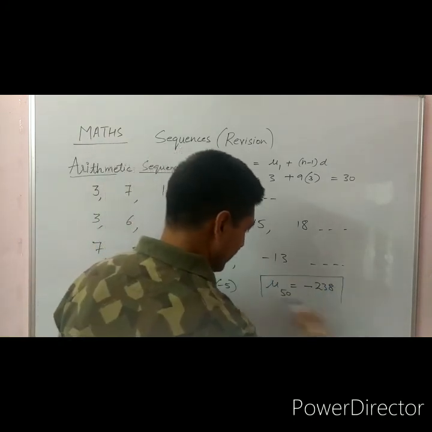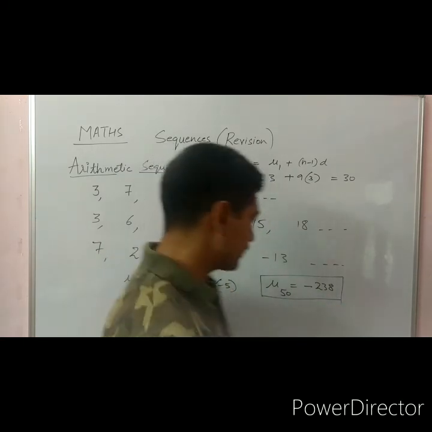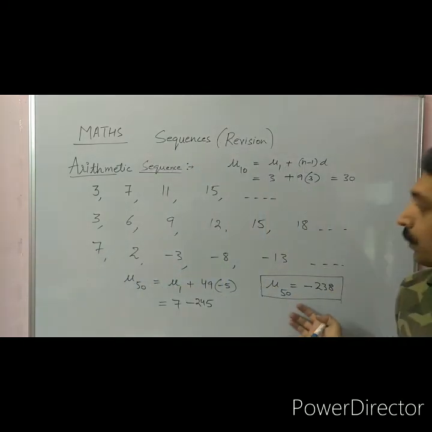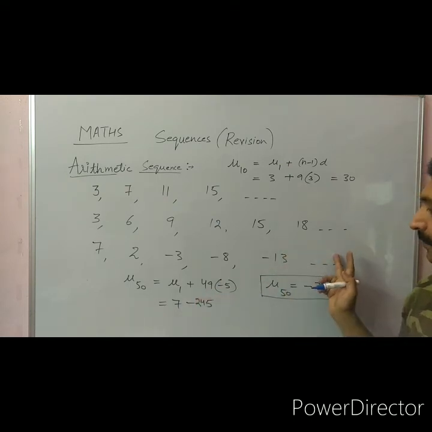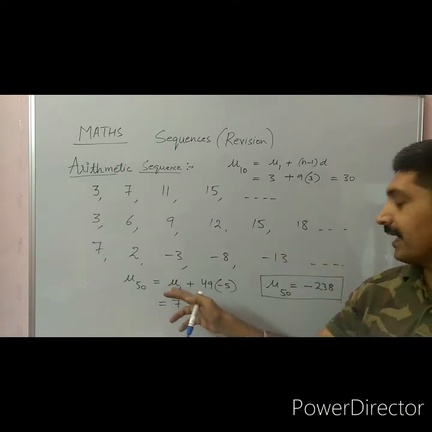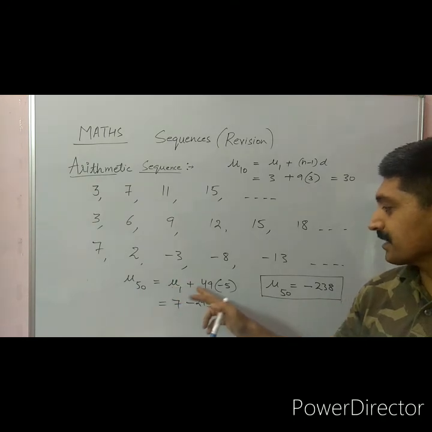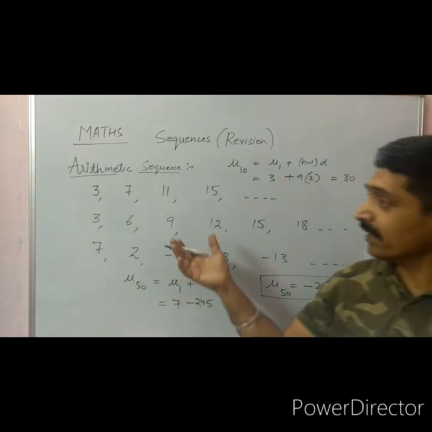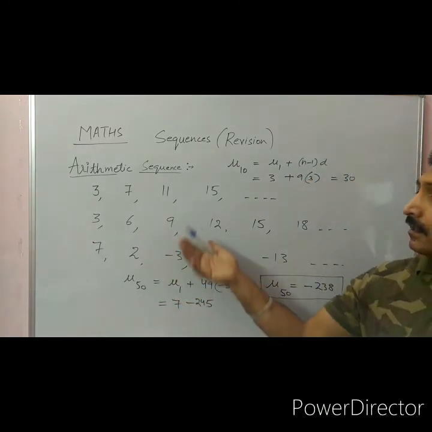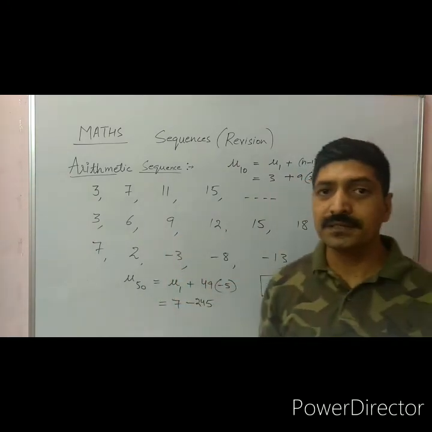So 238 is the 50th term of this sequence. If we want to find the 100th term, we can find it easily: the first term plus 99 into D. So we can go ahead with some more examples.